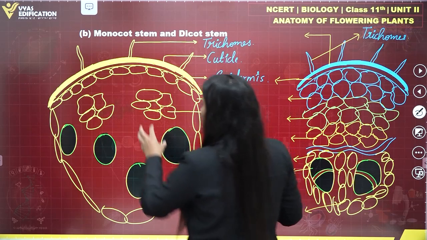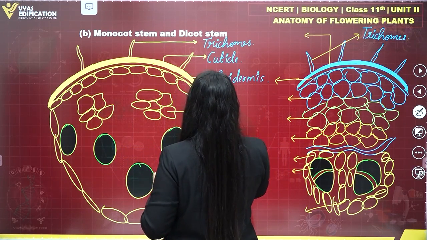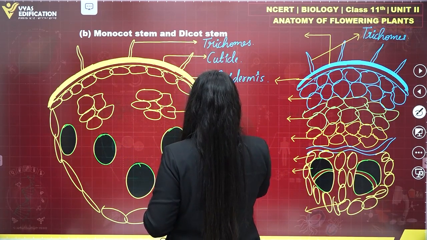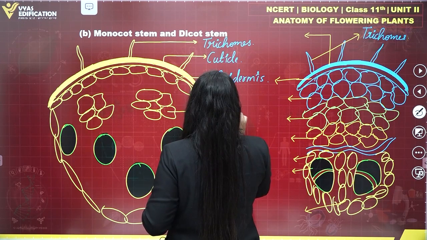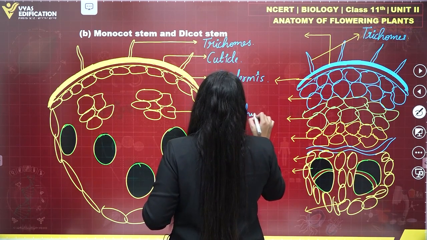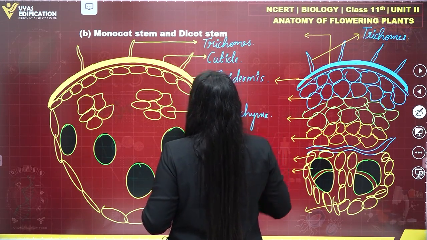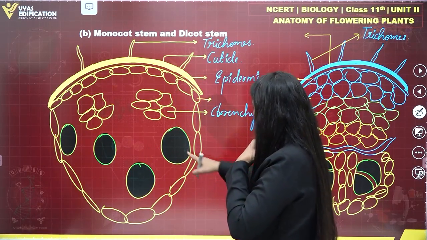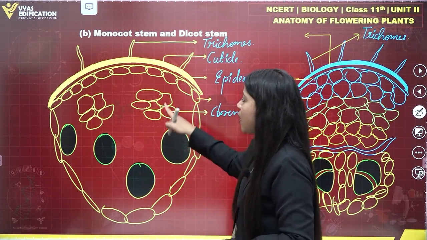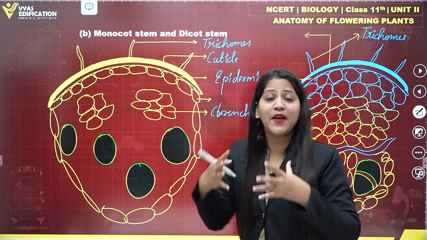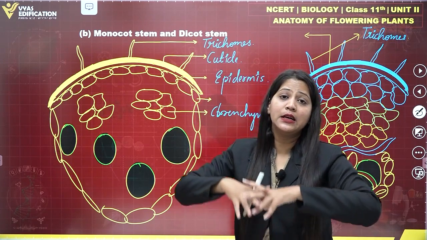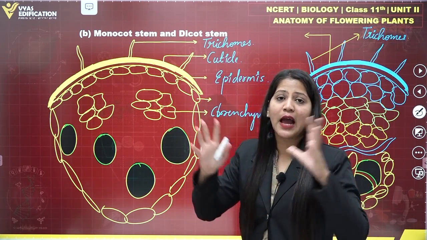Then if you talk about these tissues, this is chlorenchyma, right? Now, here also in the monocot stem, you will find the vascular bundles are present in a scattered arrangement.